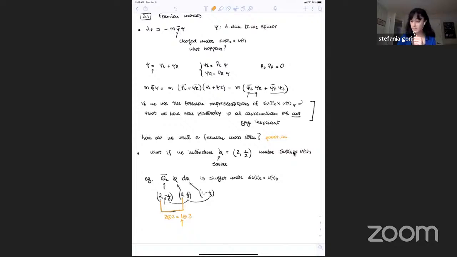Okay. So this term is okay. I can put it in the Lagrangian. It's also okay under the Lorentz symmetry.